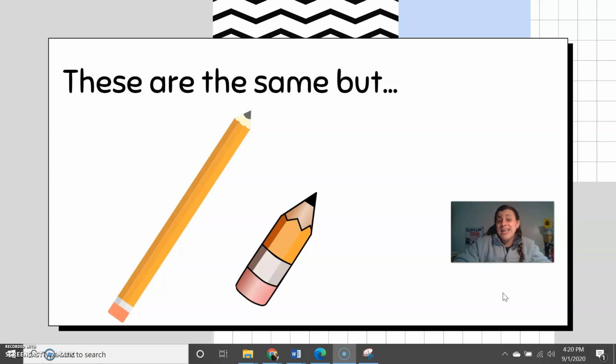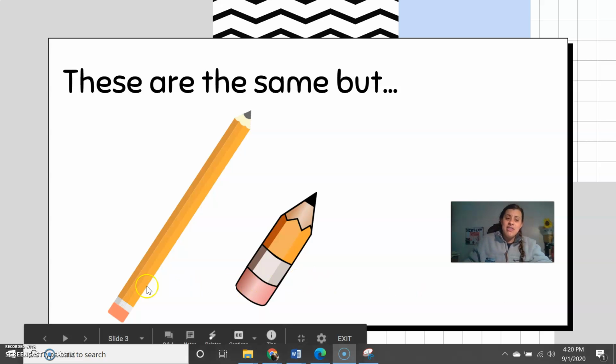You might have said, these are the same, but this one is longer, this one is shorter. That means they are different sizes. You may also have said, these are the same, but this one is skinnier and this one is fatter.